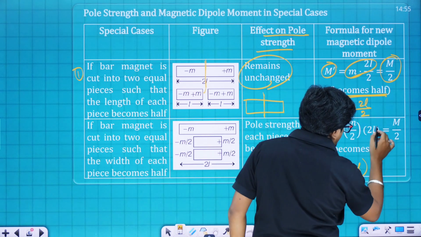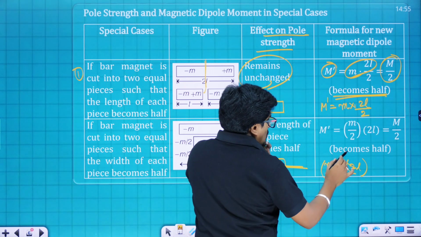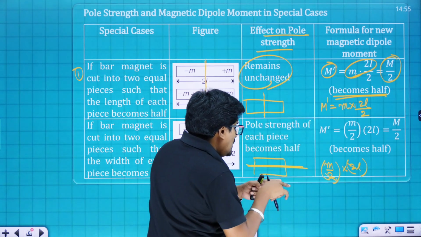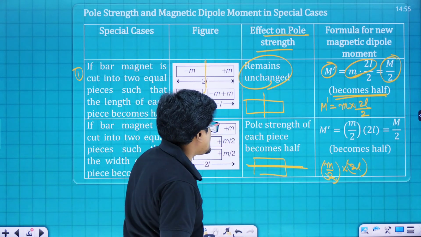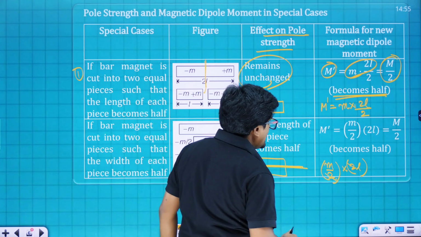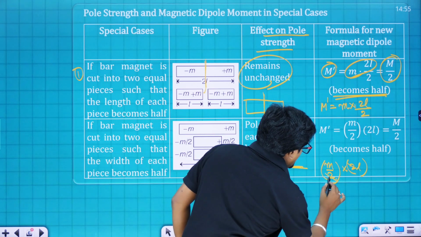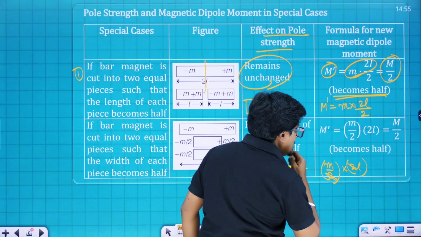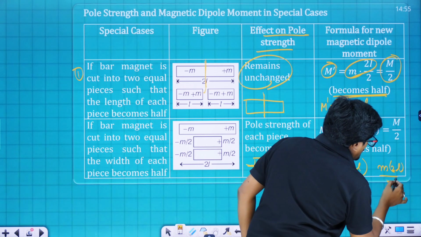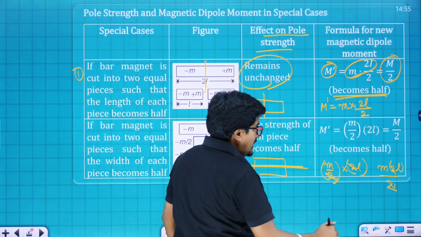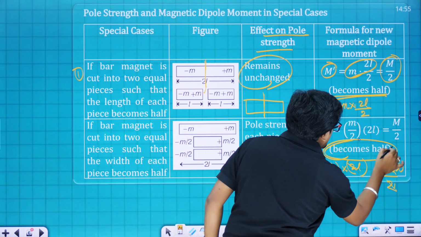Earlier it was m into 2L, divided by 2. So it reduced by half. So here also it becomes half.